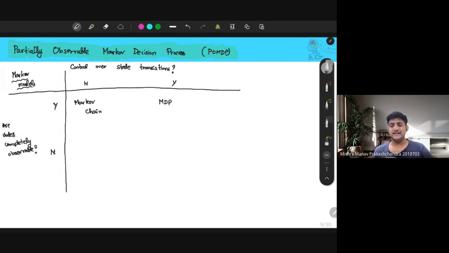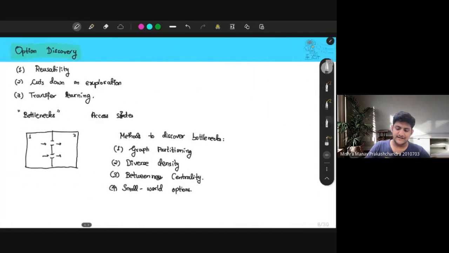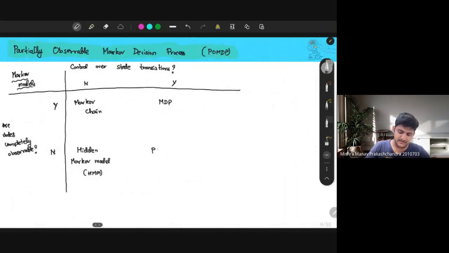If states are not completely observable and you also don't have control over the state transition, it's a hidden Markov model, or what you call HMMs. But if you have control over state transitions and the states are not completely observable, then this is known as a POMDP.